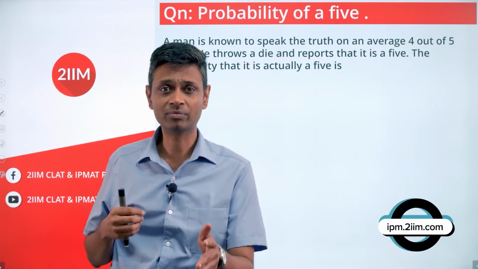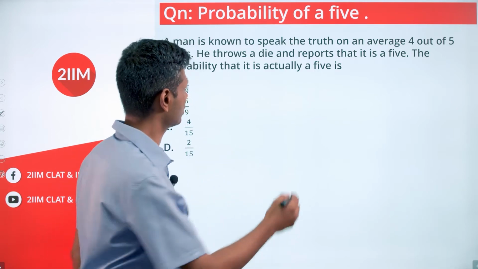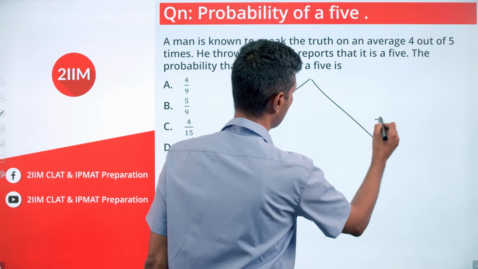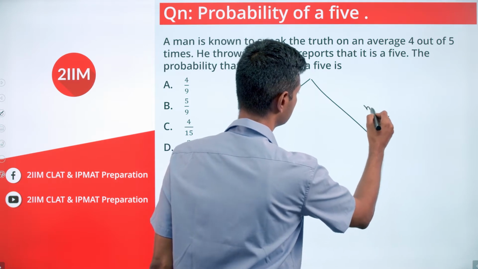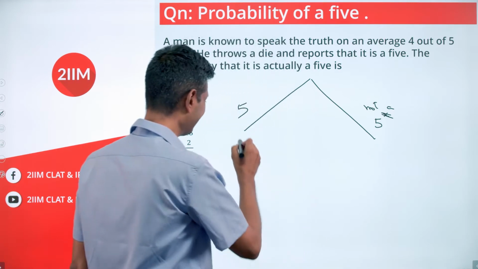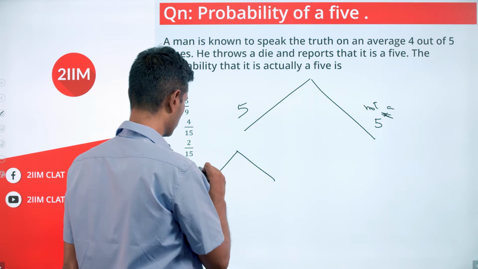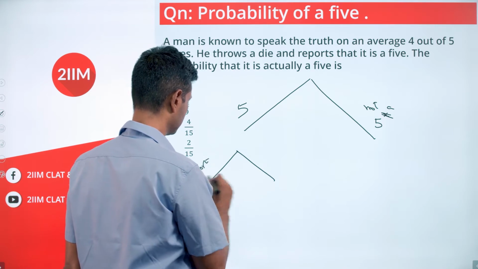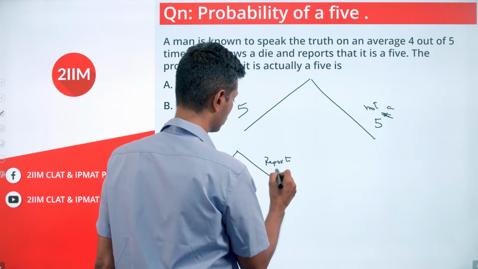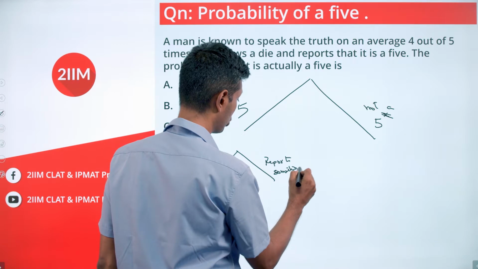He rolls a die. It could be a 5. It need not be a 5. So let's start with that. So our man rolls a die. It could be a 5. It may not be a 5. Given a 5, he reports 5, or reports something else, or reports not 5.